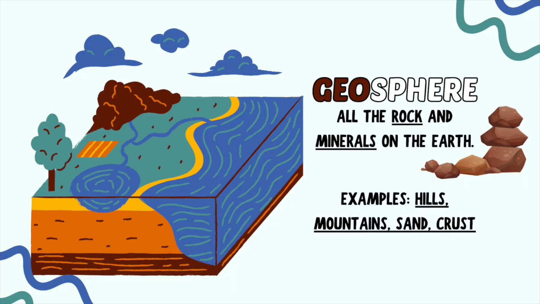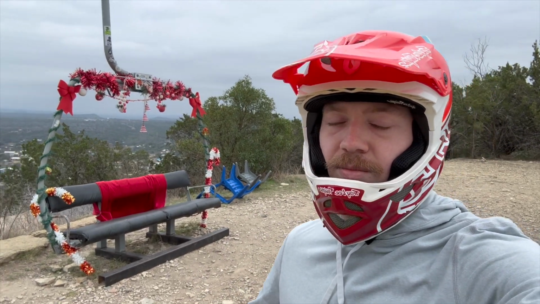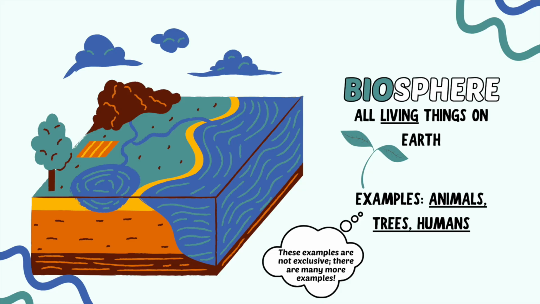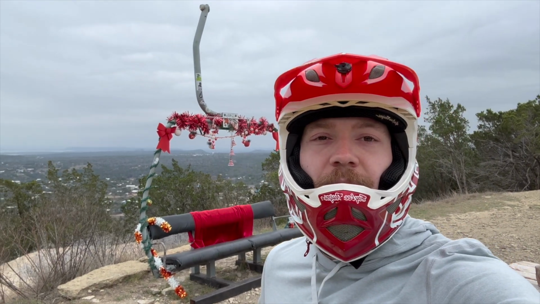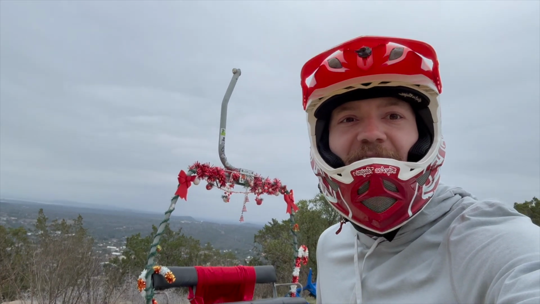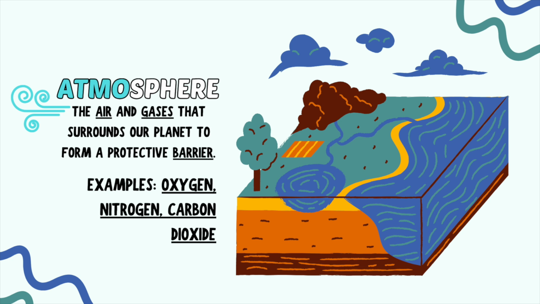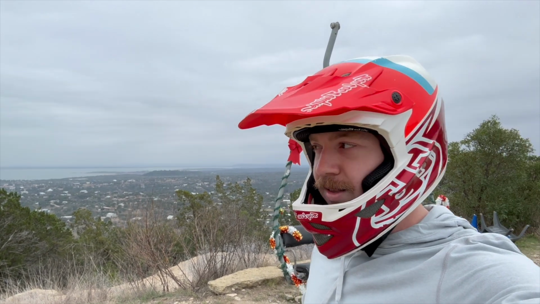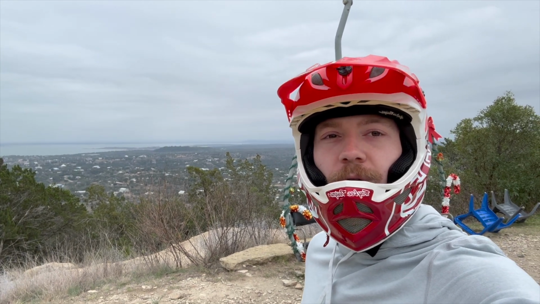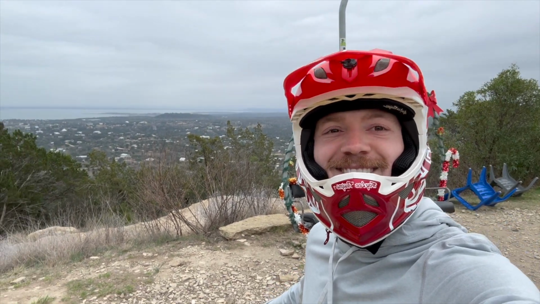I'm mountain biking, so I'm on a mountain or hill, and these rocks are part of the geosphere. Also around me are a bunch of plants, which are living, as well as other people and tons of animals out here, which is part of the biosphere. And then of course I'm surrounded up here by the clouds and by oxygen and other gases, which are part of the atmosphere. So this is a great example of how all four spheres interact with one another.